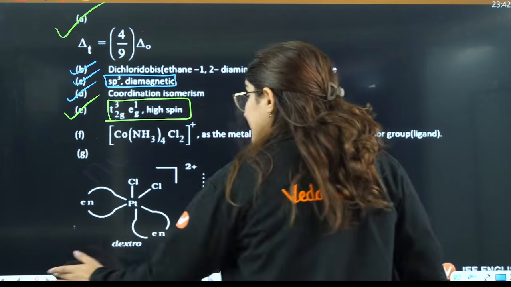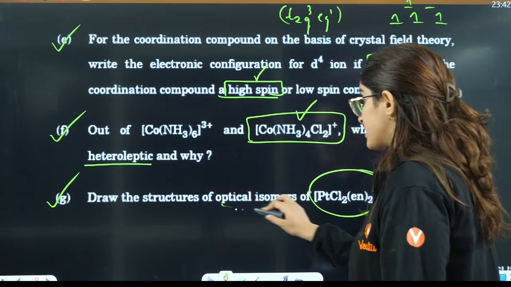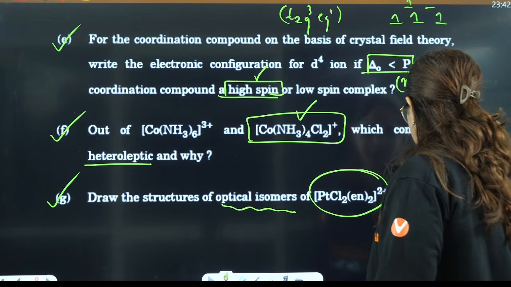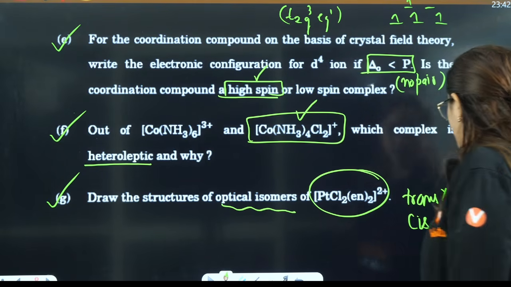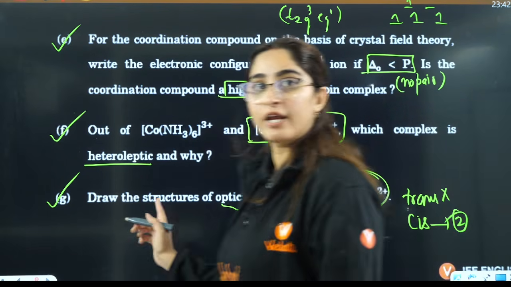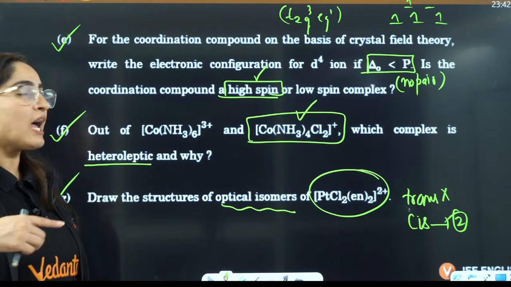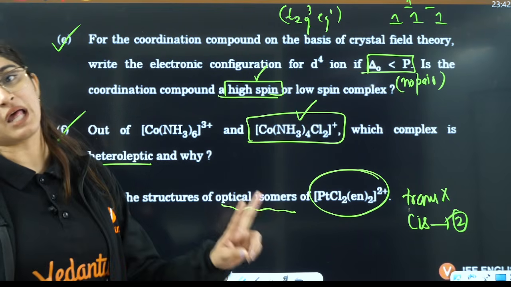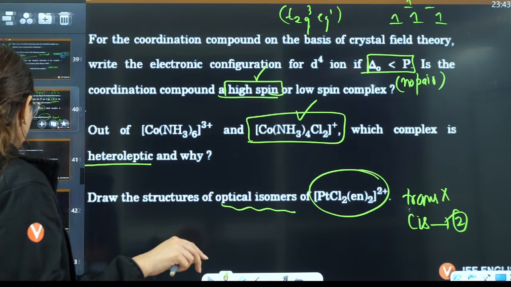They are asking only for the optical isomers. So trans will not have any optical isomer, cis will have two optical isomers, right? We discussed that before also. There they asked the total number of isomers, so I told you 3. Here they asked only optical, so that is 2.